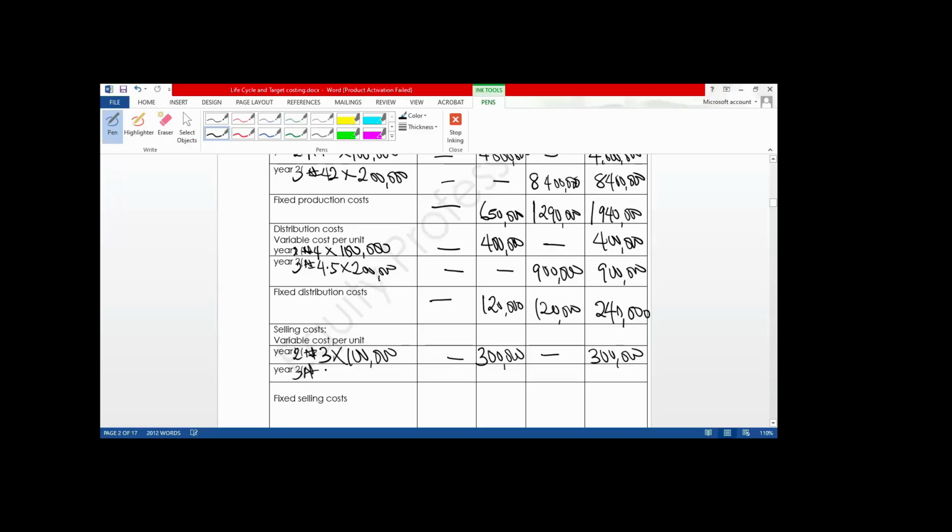Year 3, what is selling cost? 3 naira 20 kobo. We are going to sell 200,000 units. 640,000.